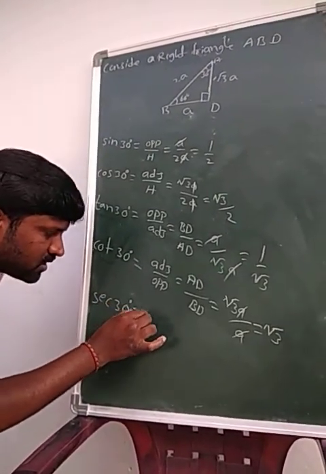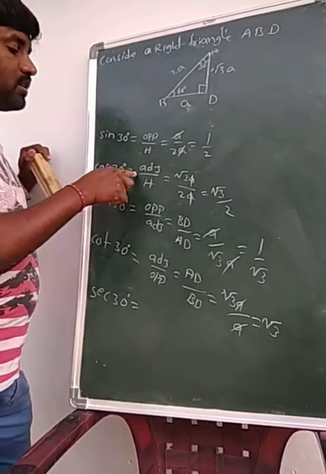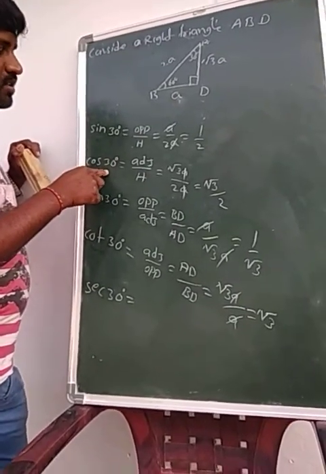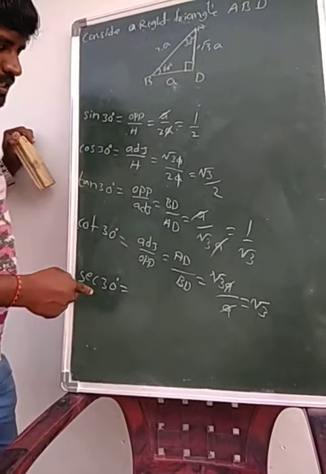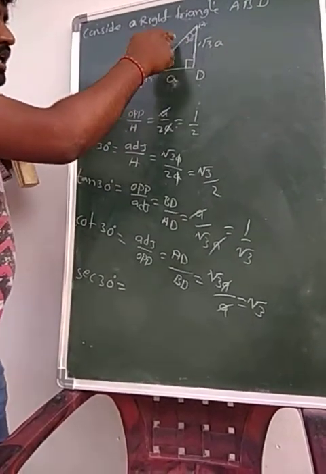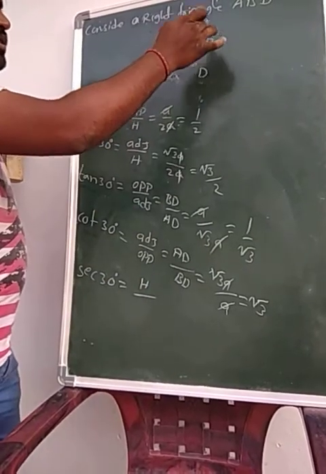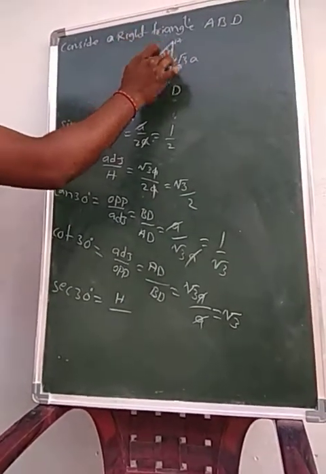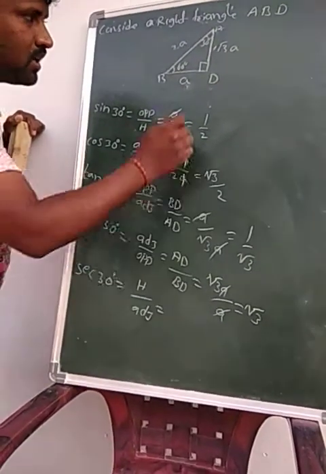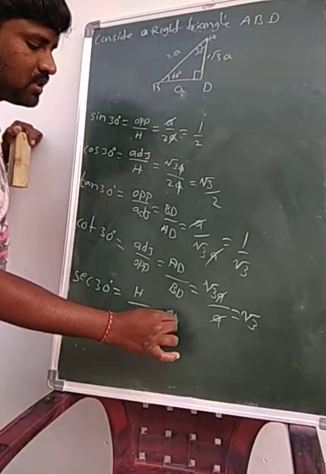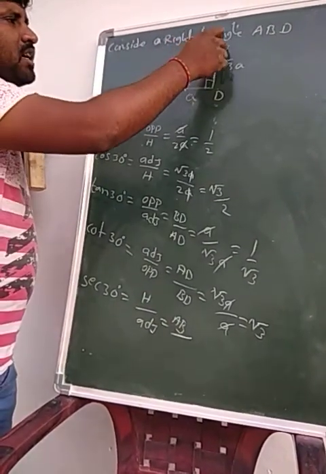Next, like that only, sec 30. Sec 30 degrees is the reciprocal of cos 30. For cos 30 we take adjacent by hypotenuse. For sec 30 it is hypotenuse by adjacent side of angle A, that is 30 degrees.